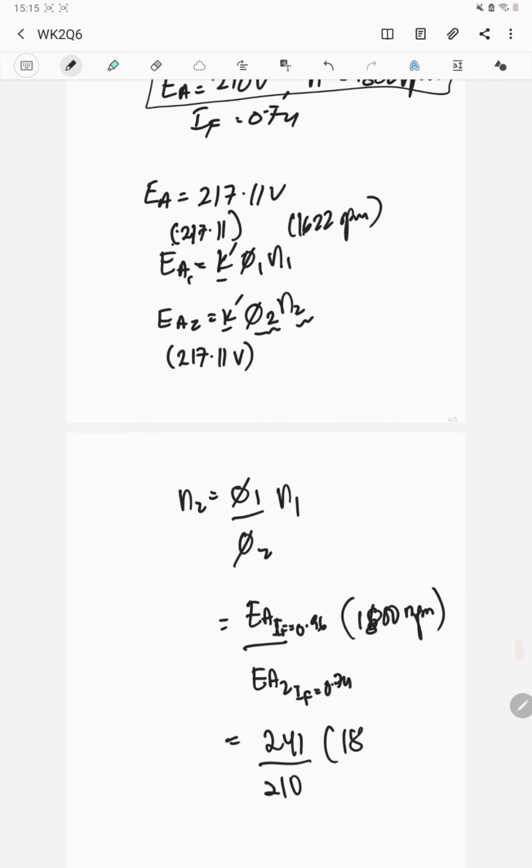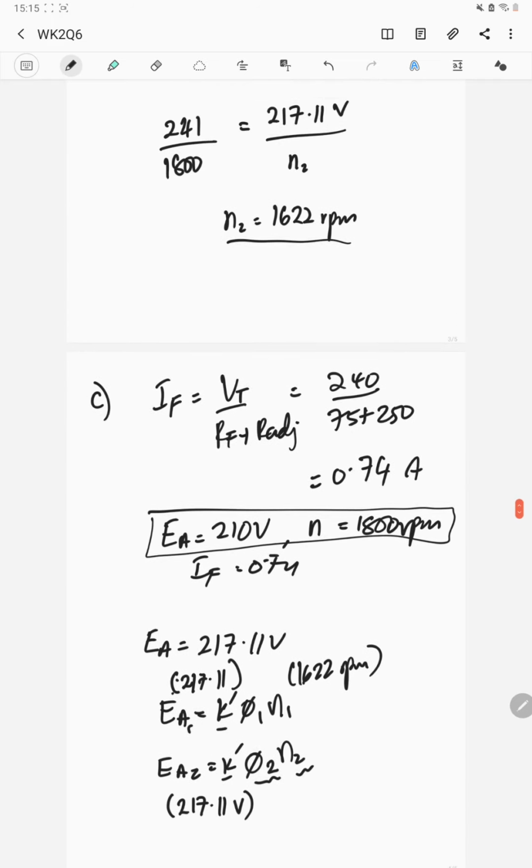So times 1800 rpm will give you different values for your speed. So 241 divided by 210 times 1800 rpm is 2065 rpm.